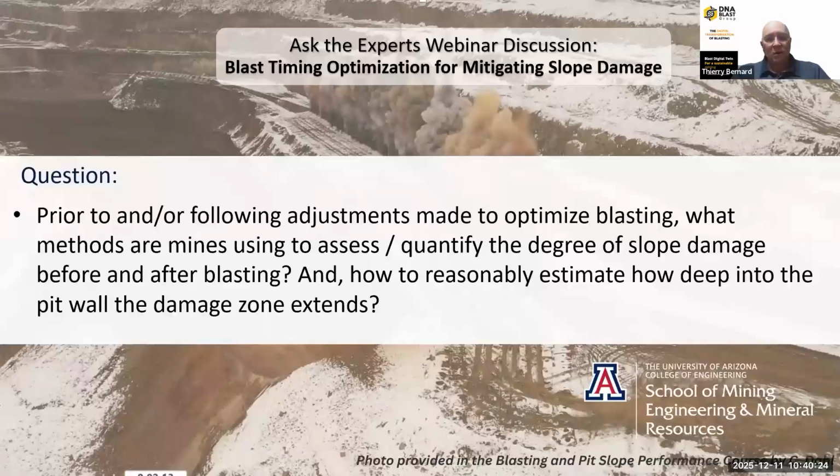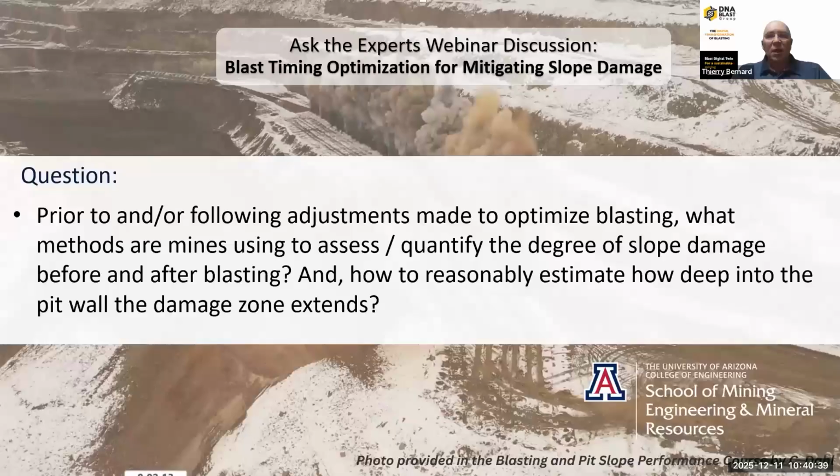You see the damage area and how deep the damage area is in the wall. This is working very well, but it's not an easy thing to implement, and it's really expensive.